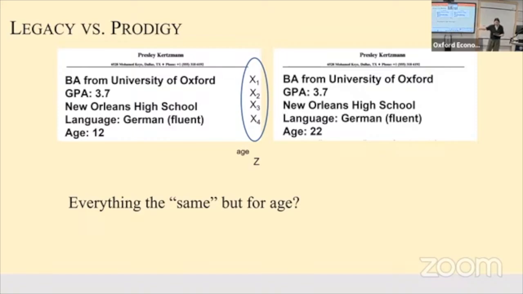But the thought is, well, wait, when I see a 12-year-old having graduated from the University of Oxford, I don't think these two people are different in age only. They're equally academically prepared and skilled and have equal academic potential, because GPA delivers information about academic achievement and age delivers information only about how long one has been on the earth.